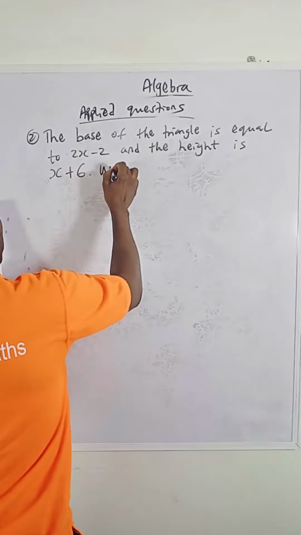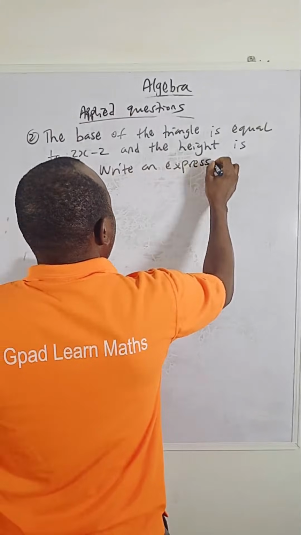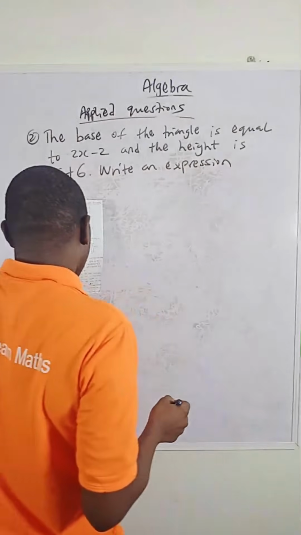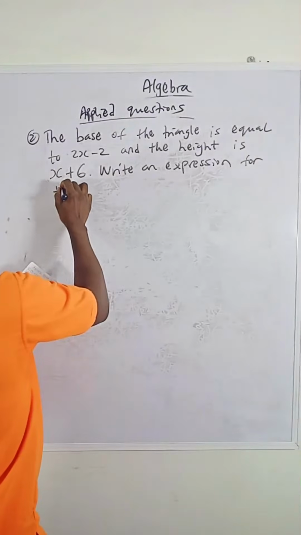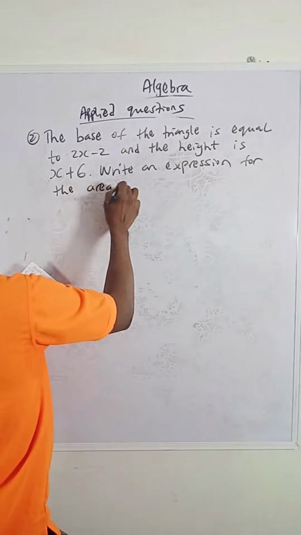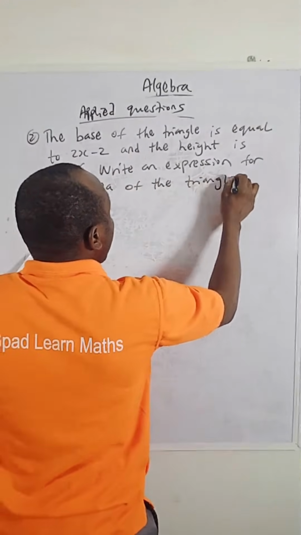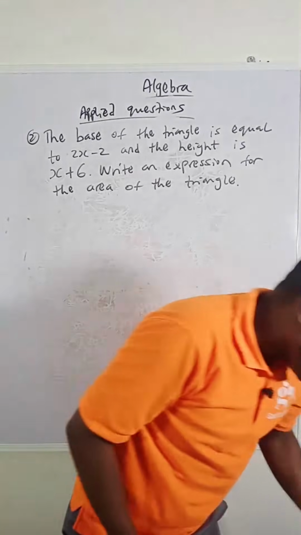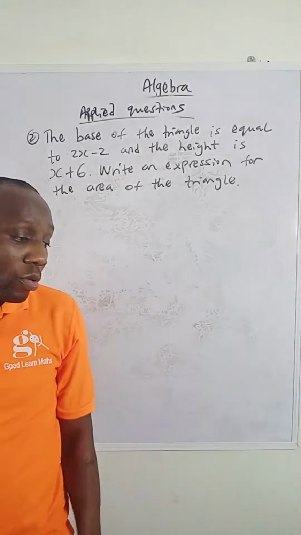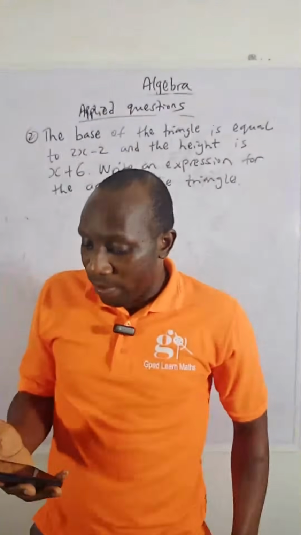Write an expression for the area of the triangle. Now, if you know what the area of a triangle is, you can easily work this out. Does anybody know the formula for calculating the area of a triangle?